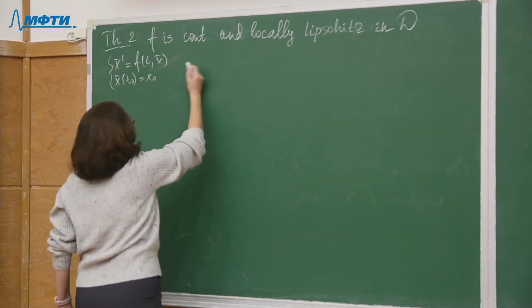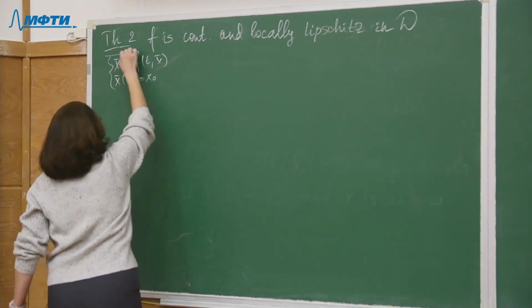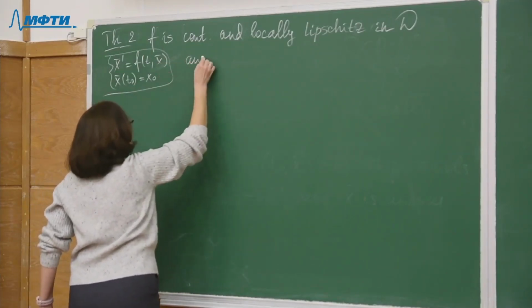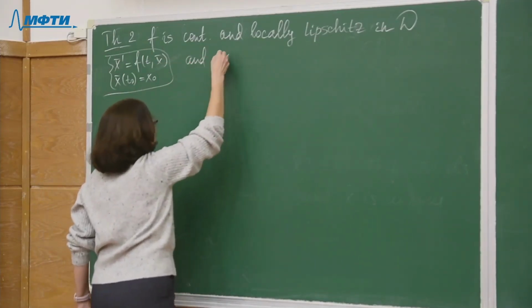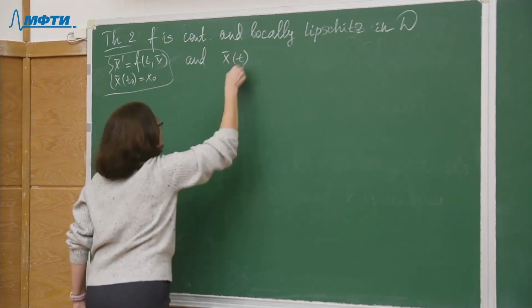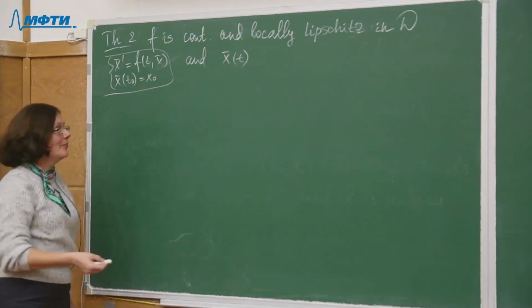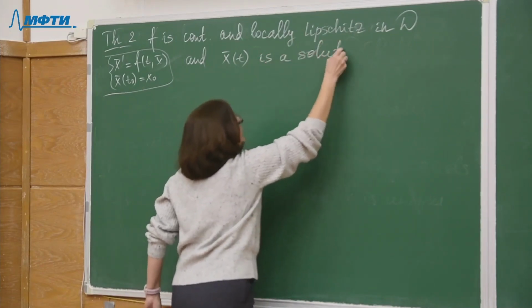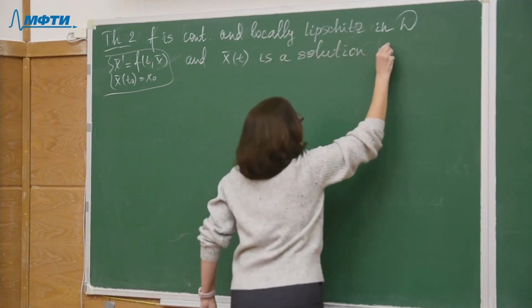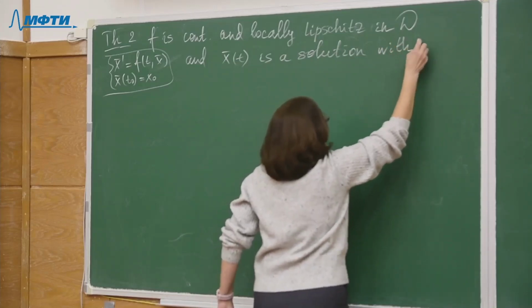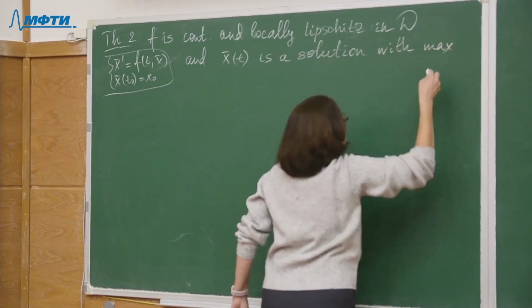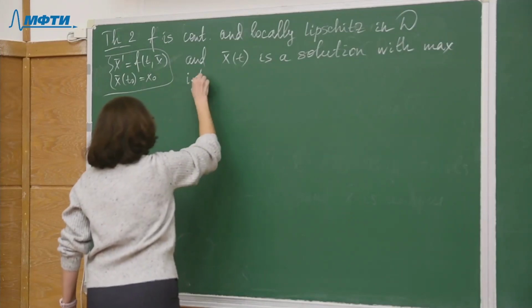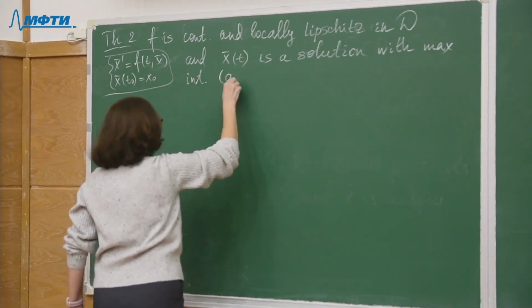Okay, so x of t is a solution of this initial value problem with maximal interval AB.